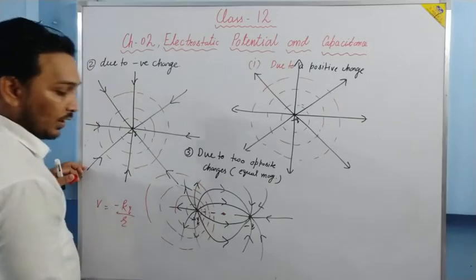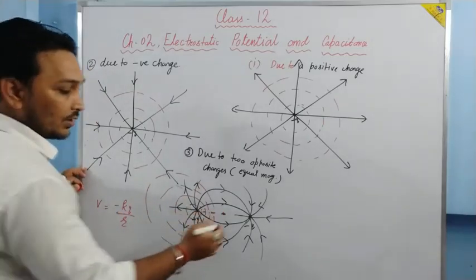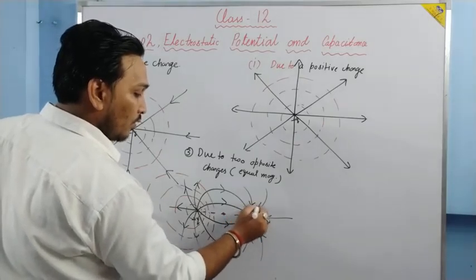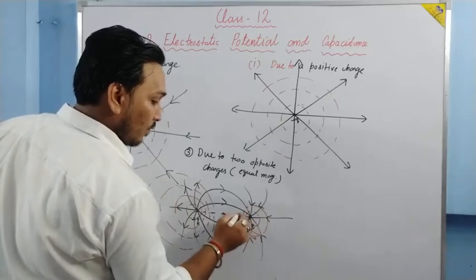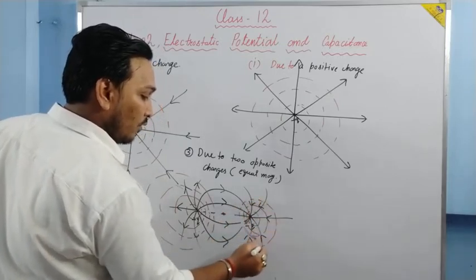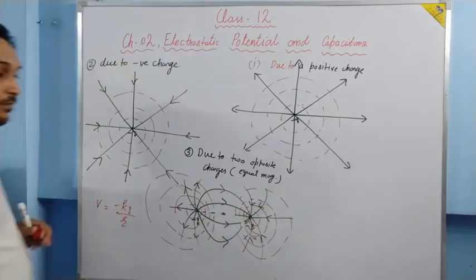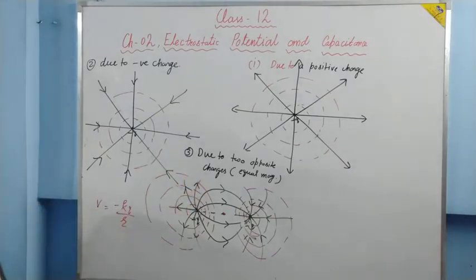Here the gap is more and just here you see the gap is less. Is it clear? The equipotential surfaces will be like this. They will shift away from the center, right?